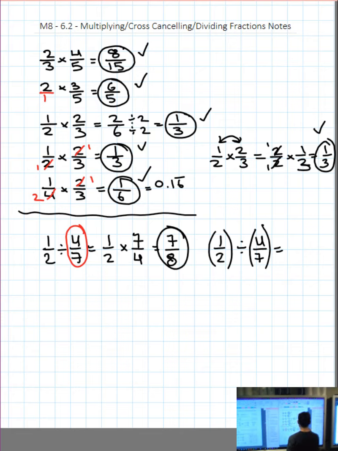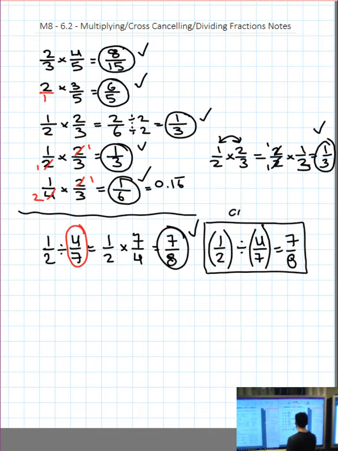And we'll get the same 7 over 8 or the decimal 0.875. Either way, check mark. And lots of times I just put little boxes around stuff off to the right and maybe a little note like calculator, calc, exclamation mark, etc.